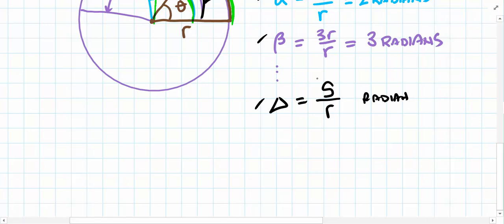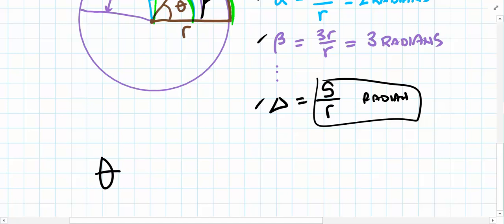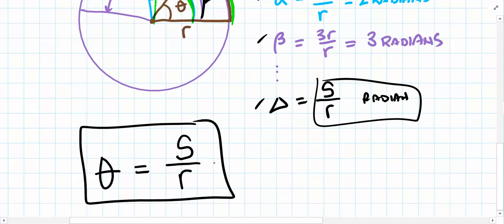So in general, the point I'm trying to make here is that any angle that we create, and this is called the arc length formula, is nothing more than the length of the arc divided by r. But remember, this is measured in radians. So another way to represent this formula, a way that most people represent this formula, is this.